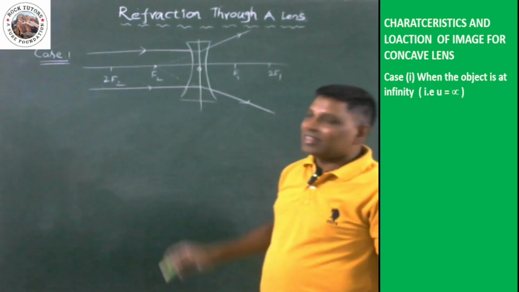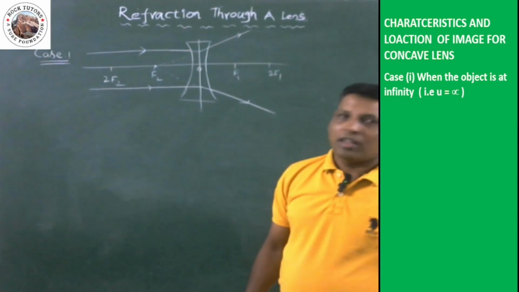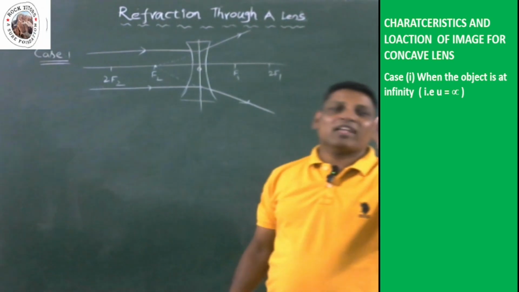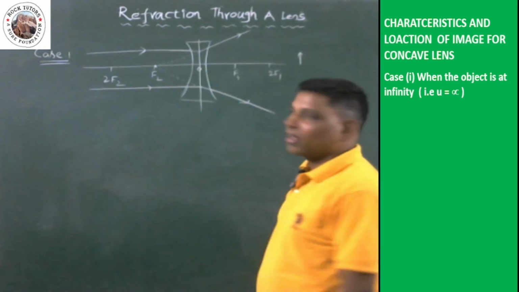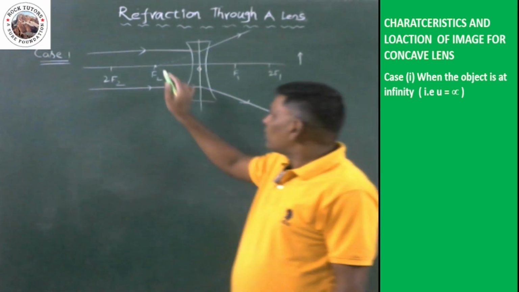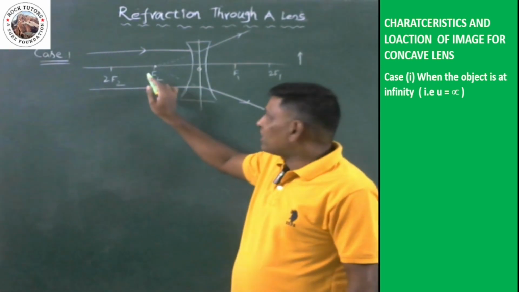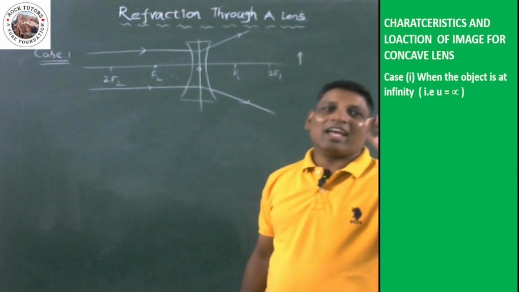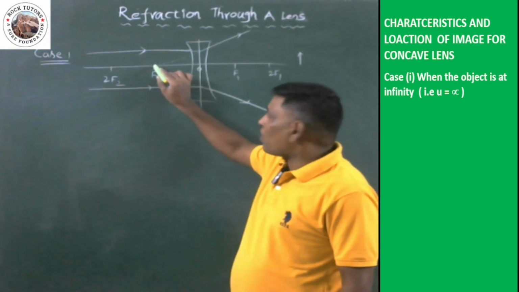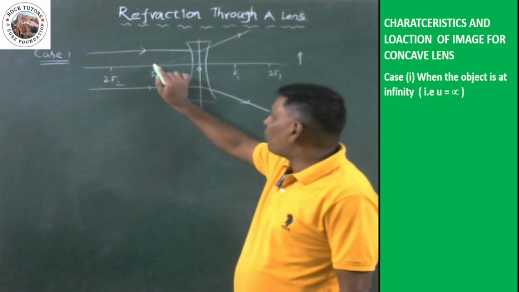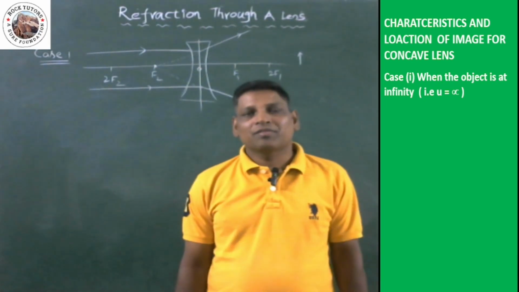That is why the image formed here is called a virtual image. A virtual image is always erect. Erect means straight, upright, like this. The size of the image is a point, highly diminished. Where is the image forming? The image is forming at focus, at F2.